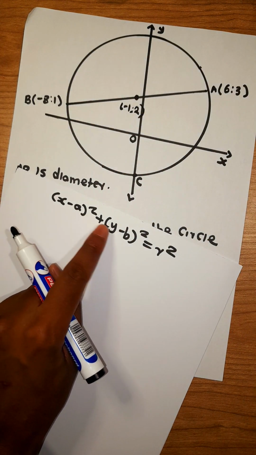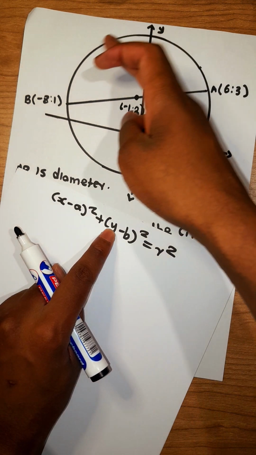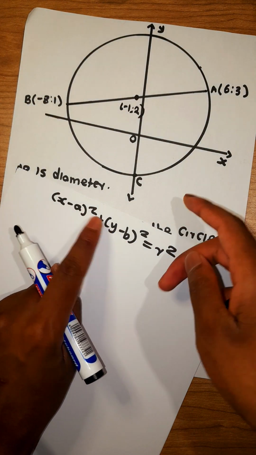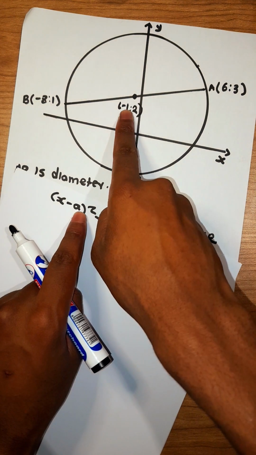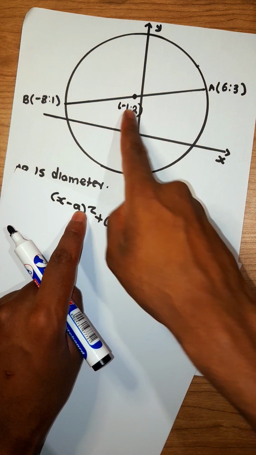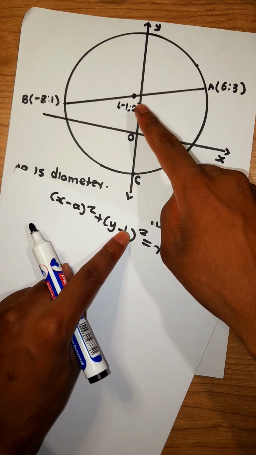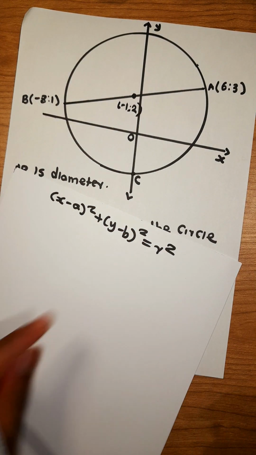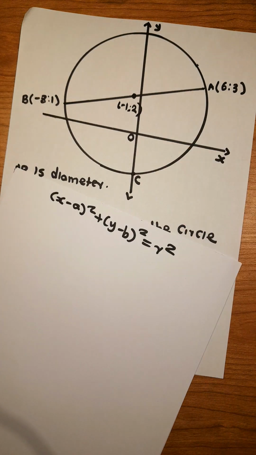The values of x and y are any point on the circumference of the circle. The value of a is the x coordinate of the center, b is the y coordinate of the center, and r squared is the radius of this circle squared.